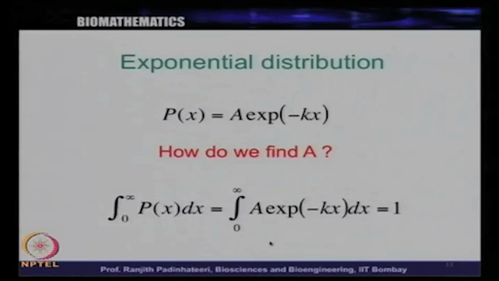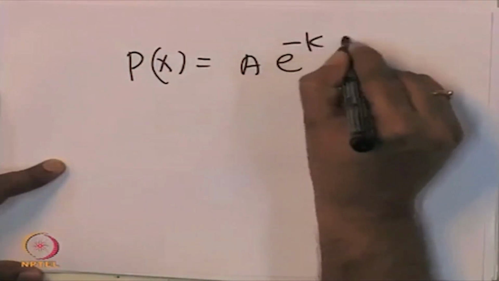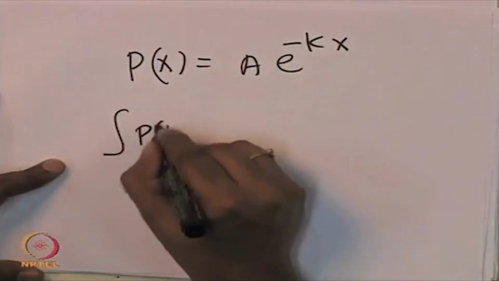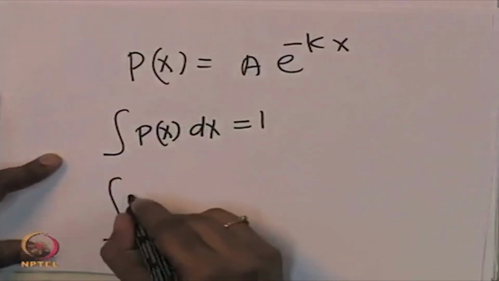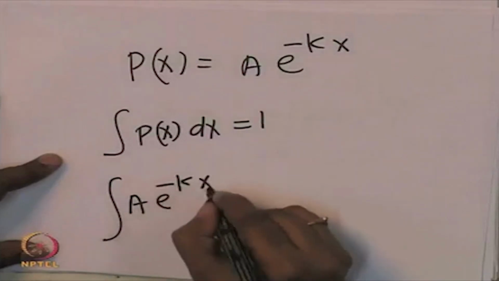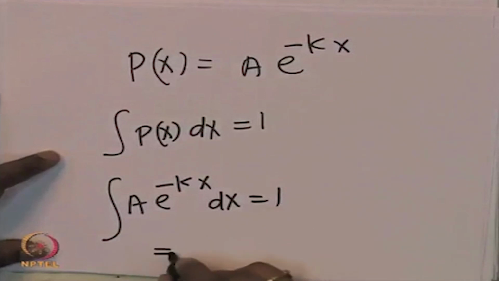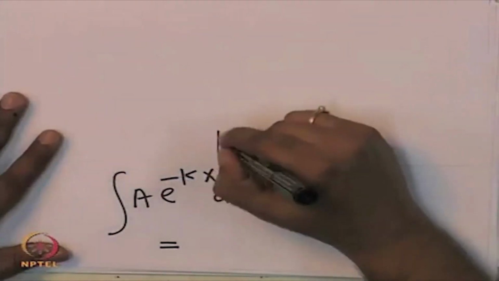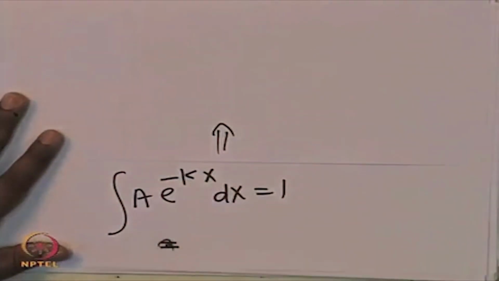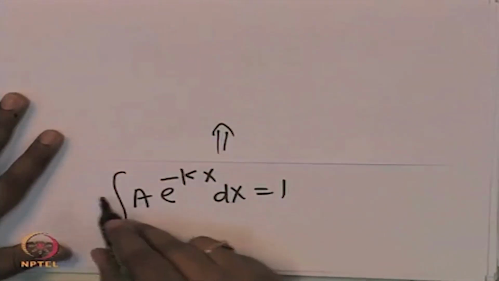What does that mean? We have p of x is a e power minus kx, and we want the integral of p of x dx to equal 1. Since a is not a function of x, it is a constant, you can take a outside.